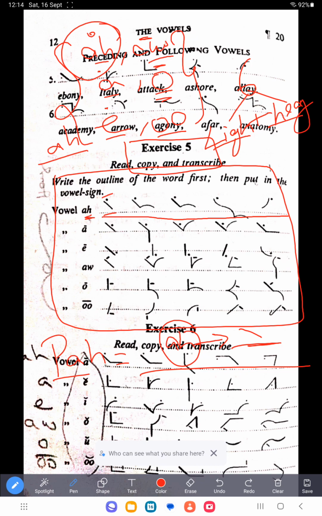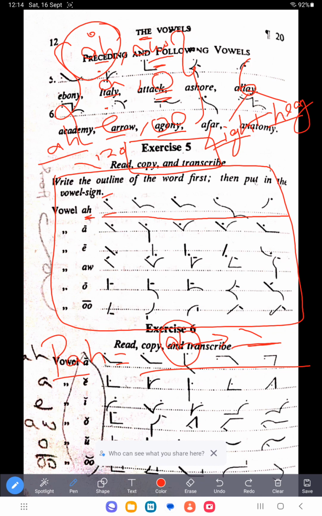How do we write a P? The P stroke is a straight line written at 120 degrees. Just start writing the straight line above the line and put the vowel sound, the a sound, which is coming after P. Now you must have a doubt.